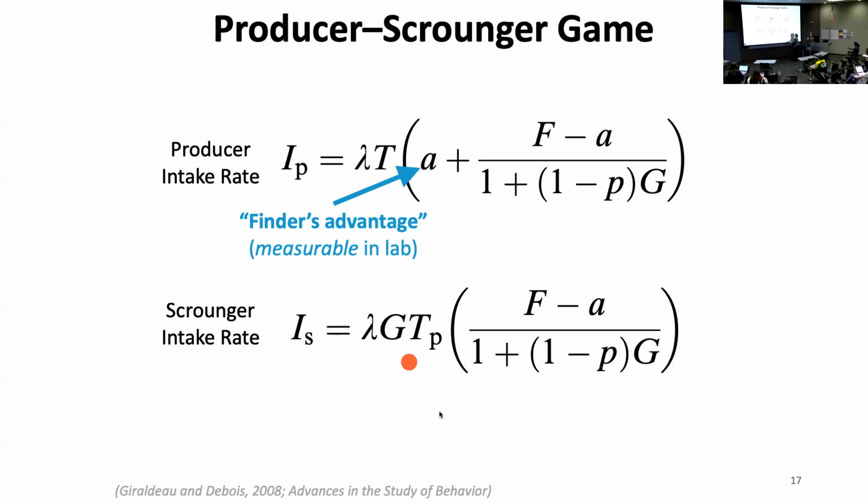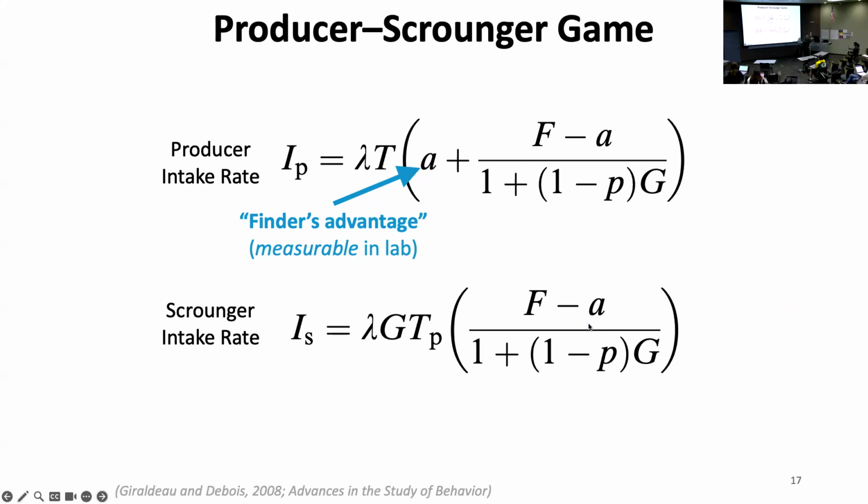The producers in the environment are finding patches. The scroungers are not. The scroungers are finding producers. So they don't get the finder's advantage, but they get to split up whatever's left after the finder's advantage has been removed. And so that's where we get the scrounger intake rate.